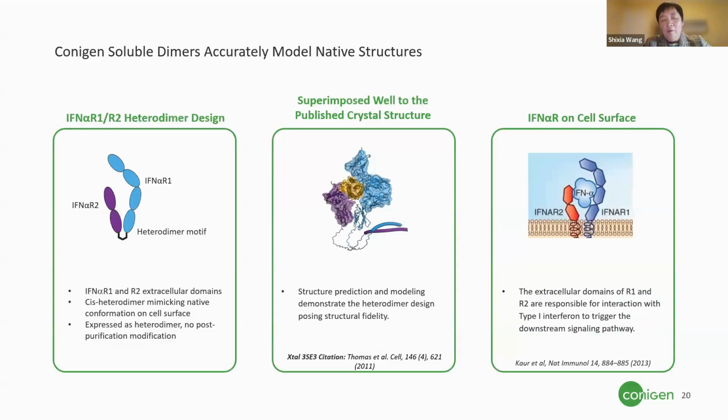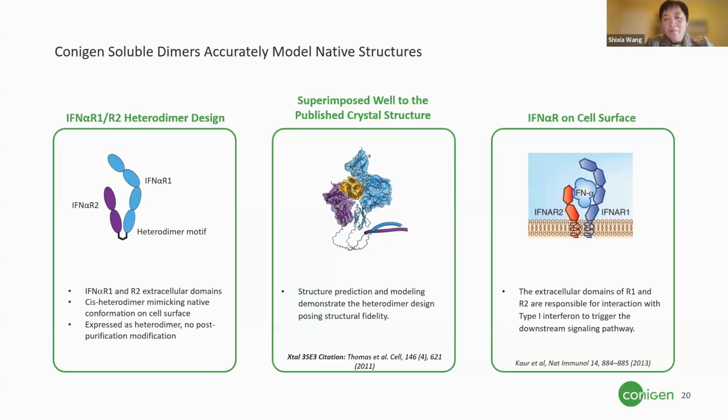Here, I will use three targets as examples to elaborate on dimeric protein design, immunogenicity, functional activity, and application for in vitro assays. The first target is interferon alpha receptor 1 and 2.